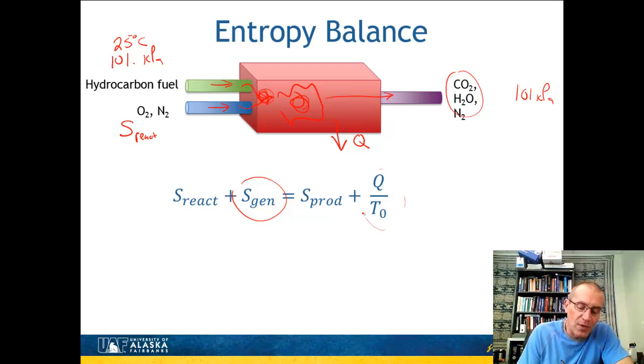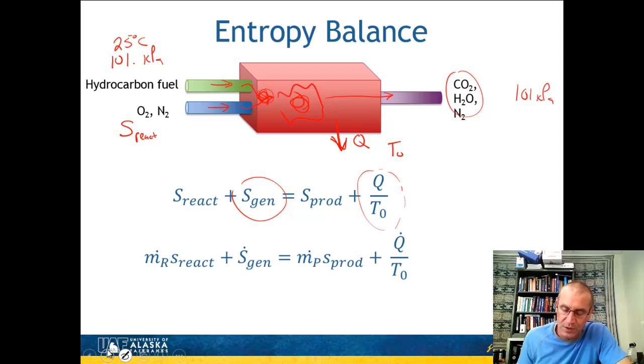And then over here I've got Q over T0, which is the amount of heat that leaves over T0, and I have it on the right-hand side. You could think of it as subtracting, because as we lose heat from the system, entropy is going to decrease. Or rather, it's not entropy generation, it's an entropy transfer at the output. All right? So there's my overall entropy balance, and that's what we're going to be working with here.